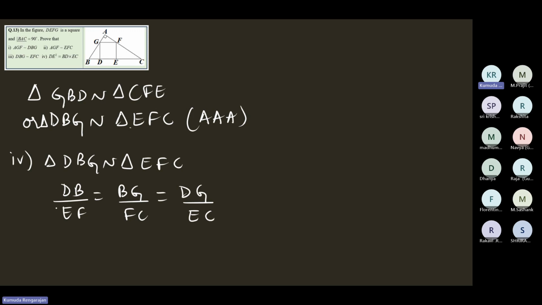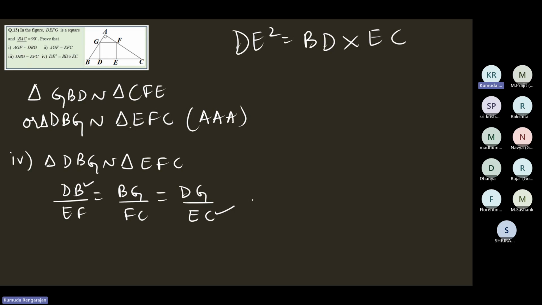Now look at the result we have. We need to prove DE square is equal to BD into EC. Where is BD? BD is here. EC is here. And then DE, we don't have at all. But we understand that we have to take these two ratios. In this result we have BD, EC.